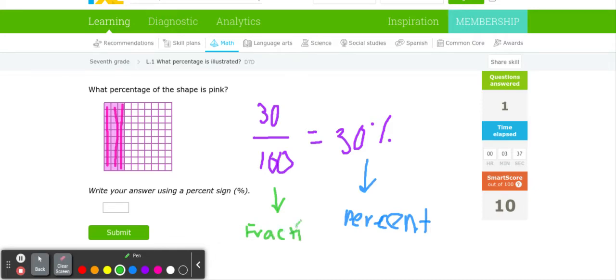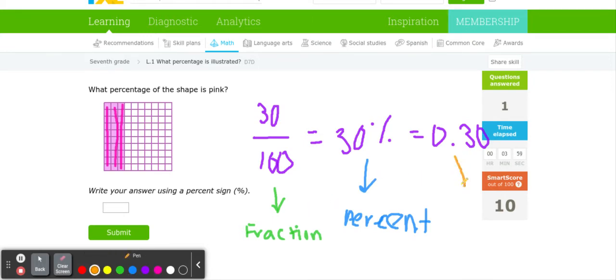You can also write it as a decimal. If we write it as a decimal, it's out of 100, so it'll go into the hundredths place, meaning that our decimal is 0.30, and you can drop the 0 because it doesn't give you any value; it's literally the same thing.